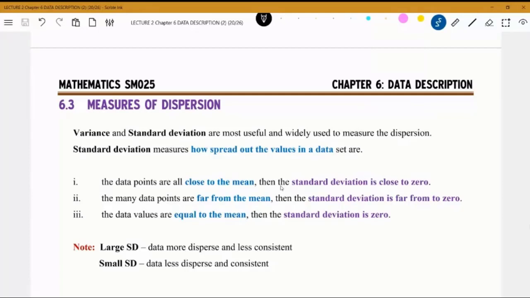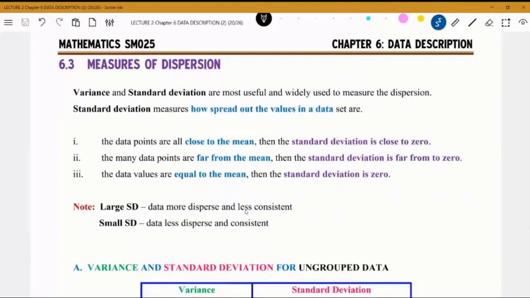If all the data are close to the mean, the standard deviation will be close to 0. If lots of data are far from the mean, your standard deviation will be far from 0. And if your data are all equal to the mean, the standard deviation will be equal to 0. That will be the concept and definition.